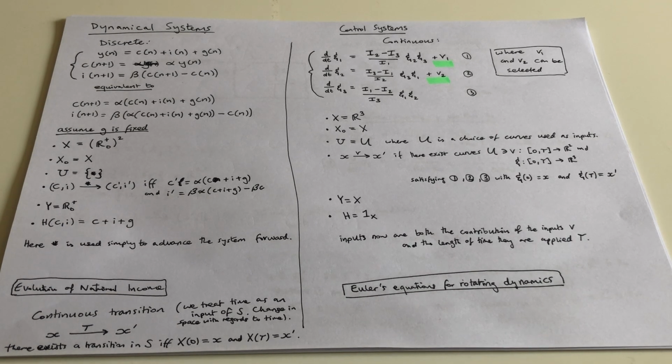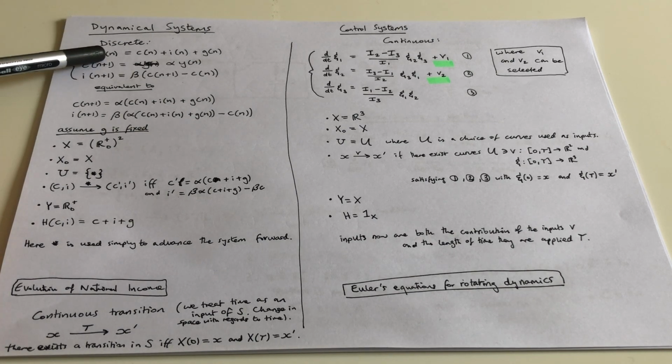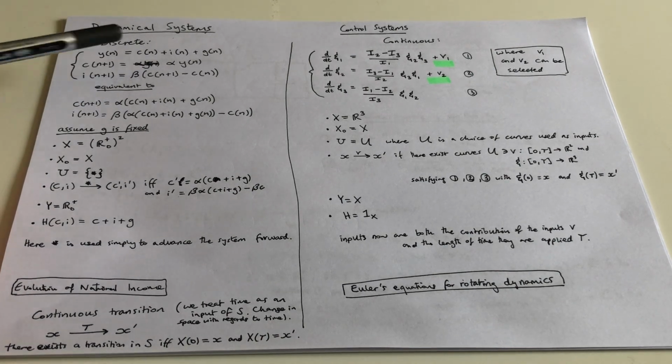We can then also define our outputs. We have the equation here, y of n is C plus I plus G, so we know that it's a positive real value within the set of reals, and that mapping we have is just equivalent to the right hand side here.